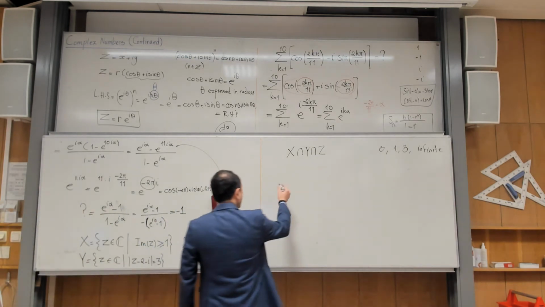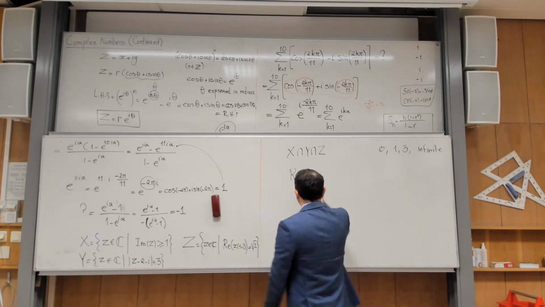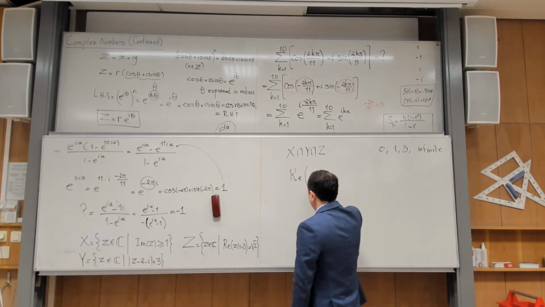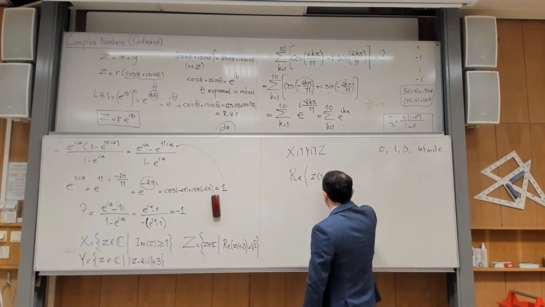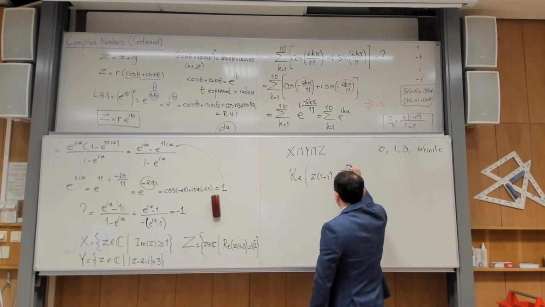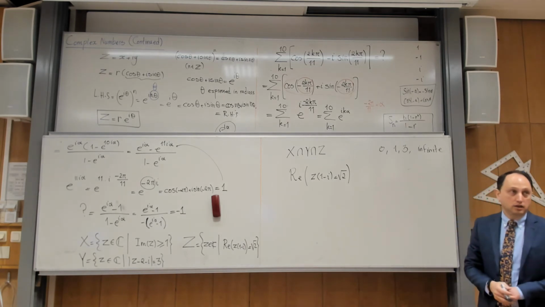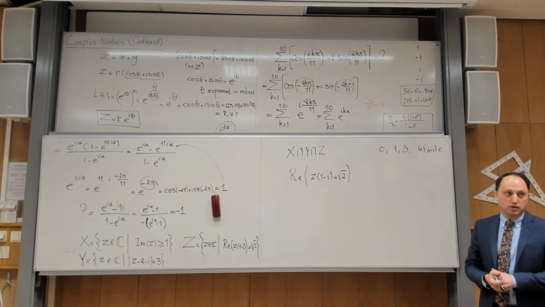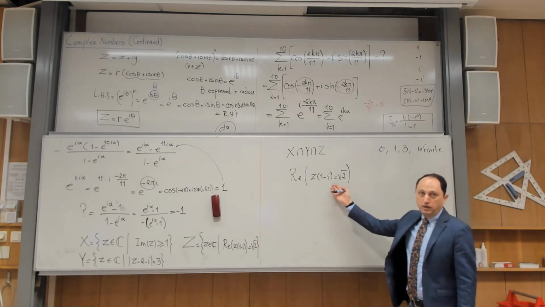So my question is that I am looking for all complex numbers z, so that when I multiply that complex number by this fixed complex number, the real part of the product becomes the square root of 2. It's not easy to guess this, okay? So it means that you have to do some calculations.